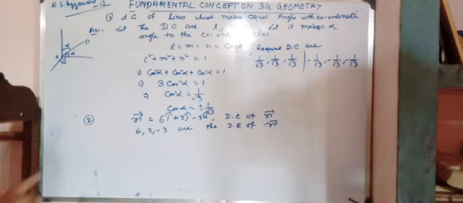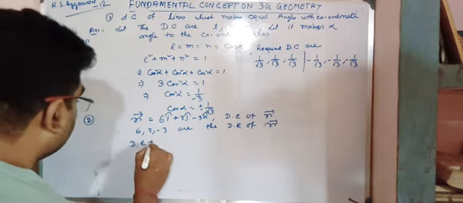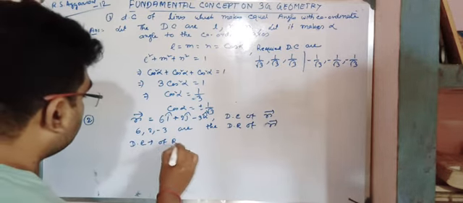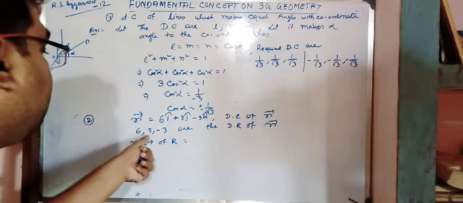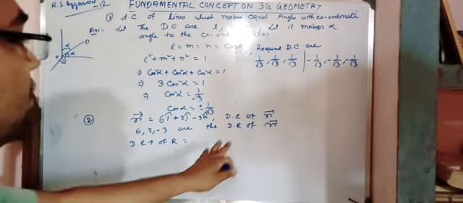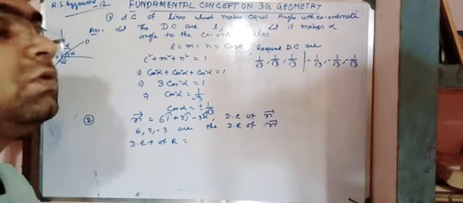Understood that? 6, 2 and minus 3 are the direction ratio of r. Now if we have to find the direction cosine of r, that should be what? This divided by the direction ratio should be proportional to the direction cosine.